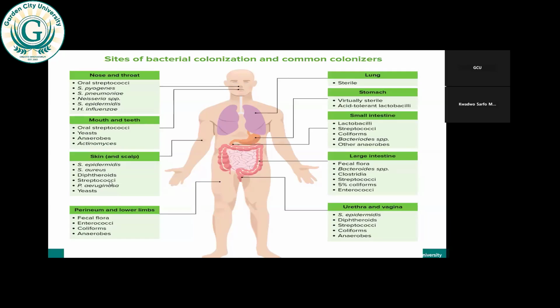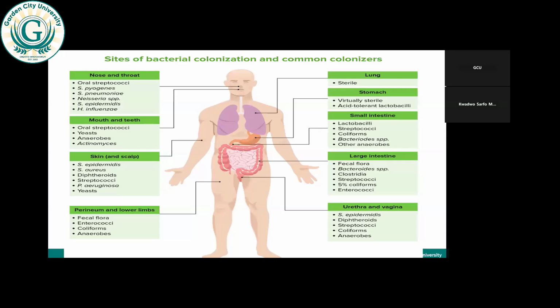Then on the skin, we have a lot of normal flora. Staphylococcus epidermidis, Staph aureus, and so on. So they move from the skin this time into the lesions or the wounds and establish infections. Streptococci, Pseudomonas aeruginosa, all these can be harbored on the skin.